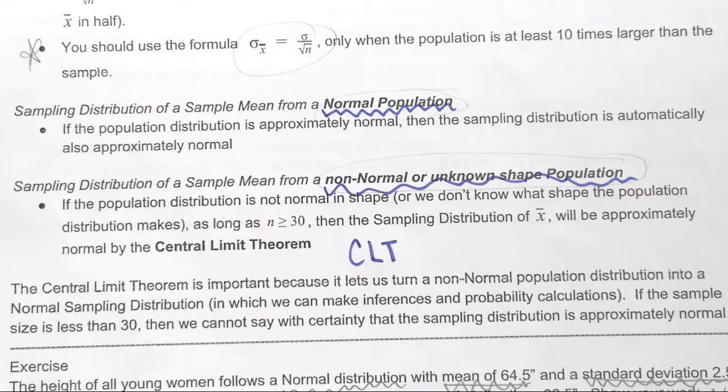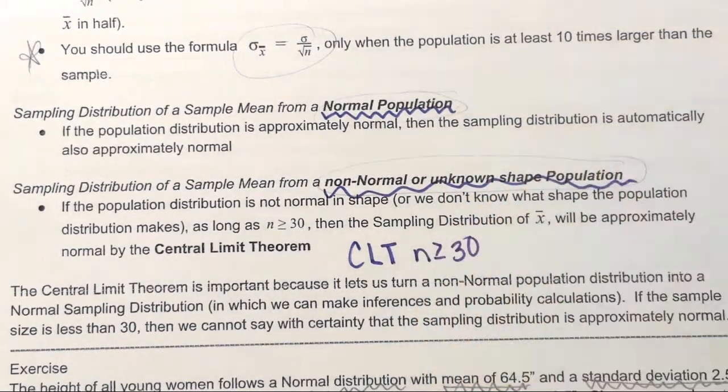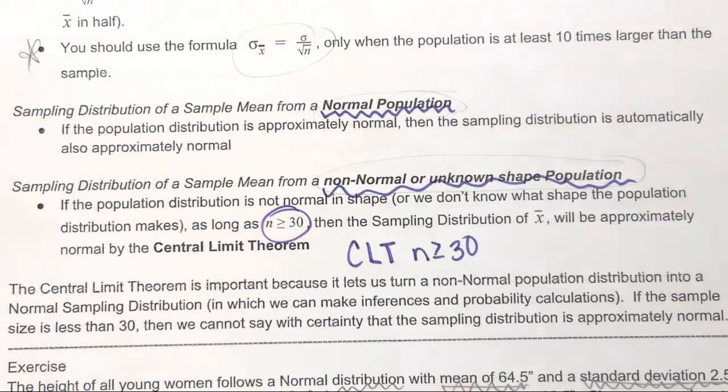It would be nice if you could remember the letters CLT. But otherwise, the important part is that the sample size has to be bigger than 30. How is that cool? Literally, as long as it's bigger than 30, it will always be a normal distribution.